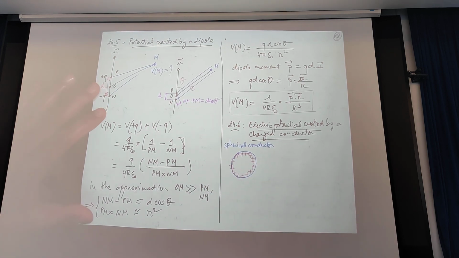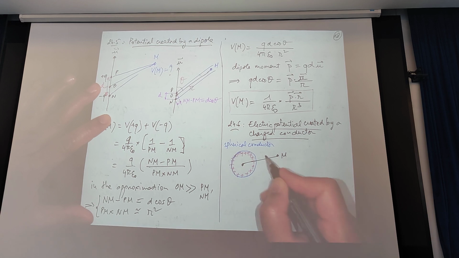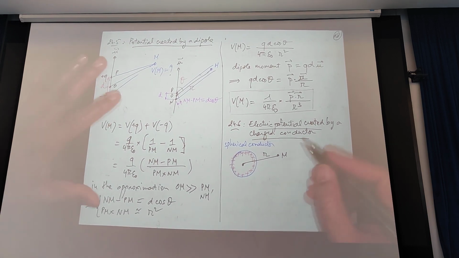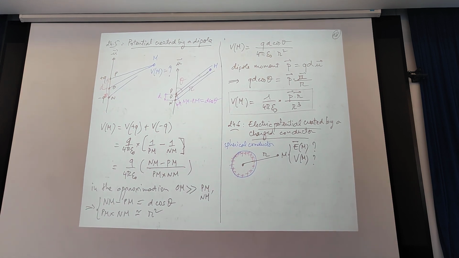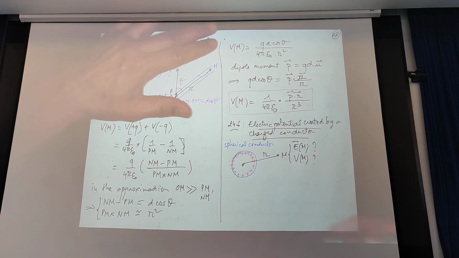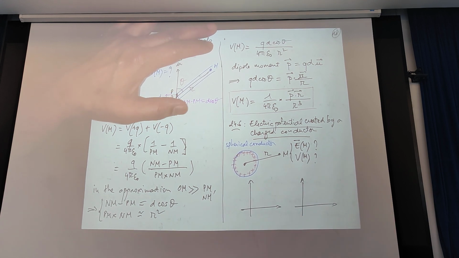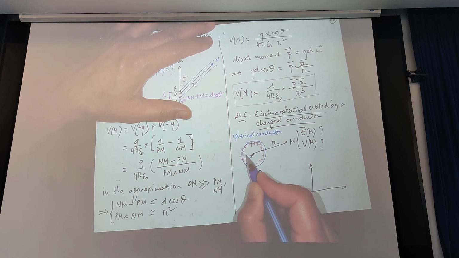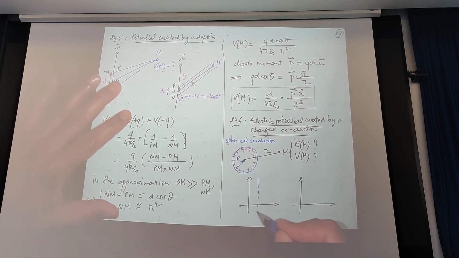And so the question is, what is the electric potential at this point? The spherical conductor has radius r.